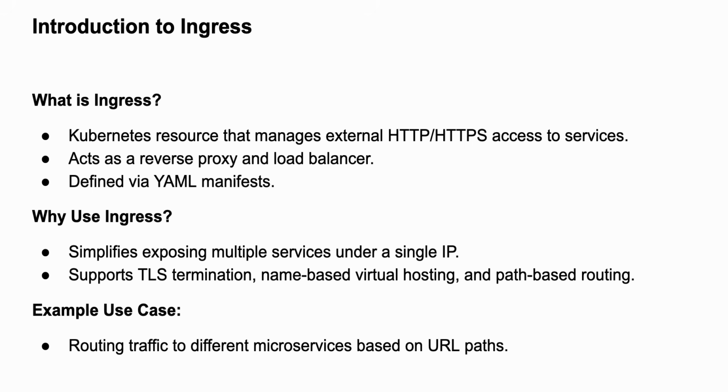Using Ingress, we can create a single point of contact, and we just give the URL path with a service name. I will make it clear when I do the demo as well.